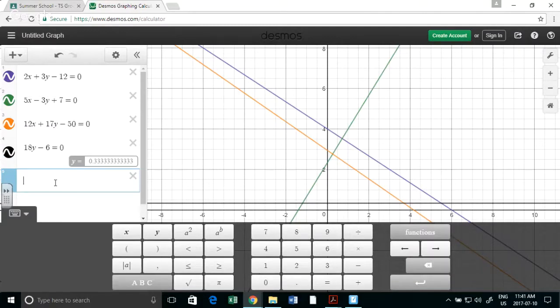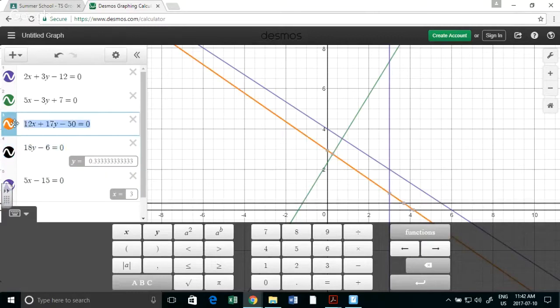And if I only have the a term, 5x minus 15 equals 0, then I have a vertical line. So that just means that this is general form, this is general form, and these are all general form. You just have three different cases. But most of the time, you're going to be working with this one anyway, so don't worry about it.